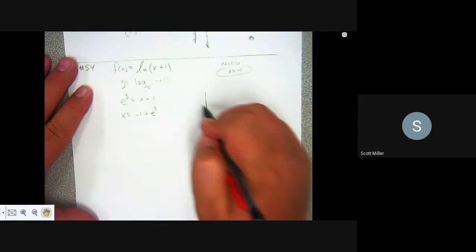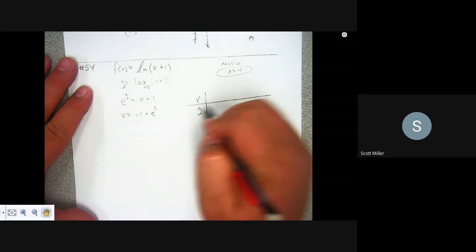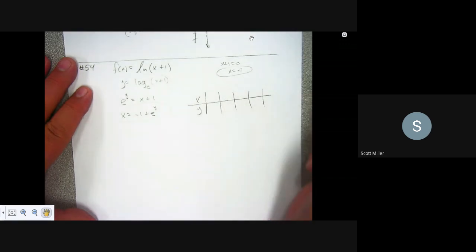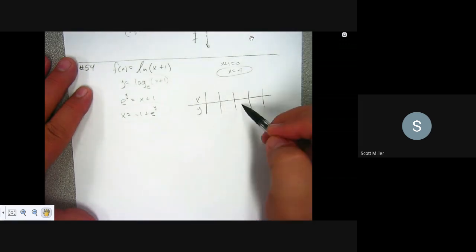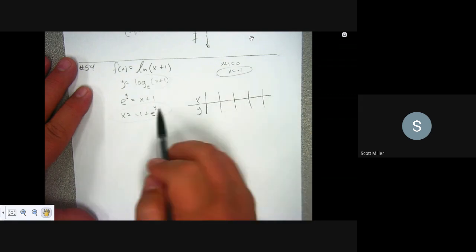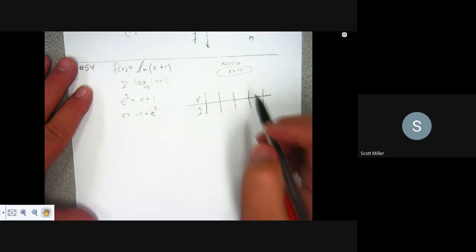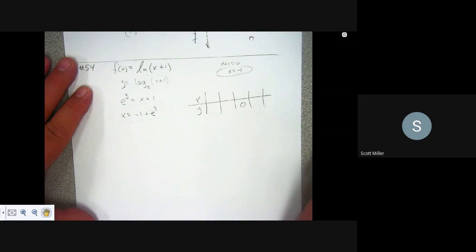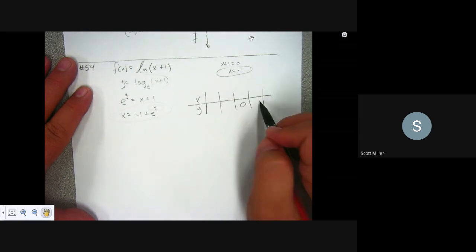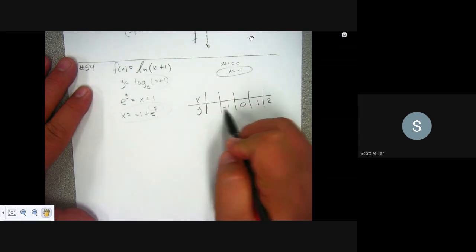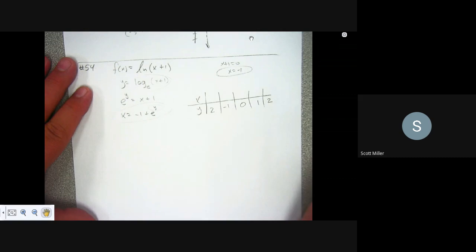We make our table, just like always. And then we want to find the numbers we're going to plug into our table. The center number is when y is 0. Pick 2 numbers above, 2 numbers below. And at this point, you will need to use a calculator.